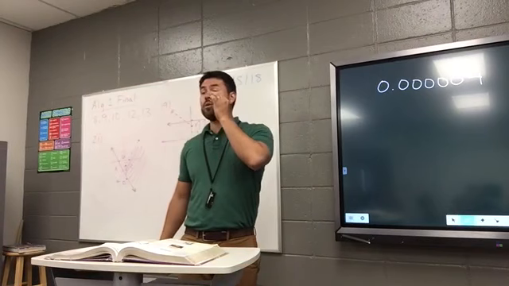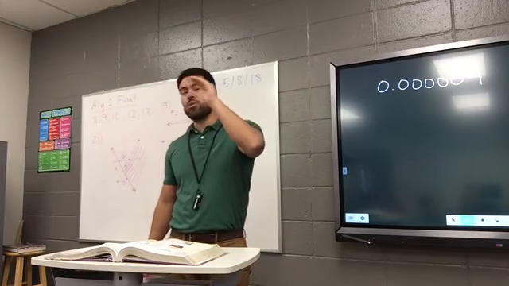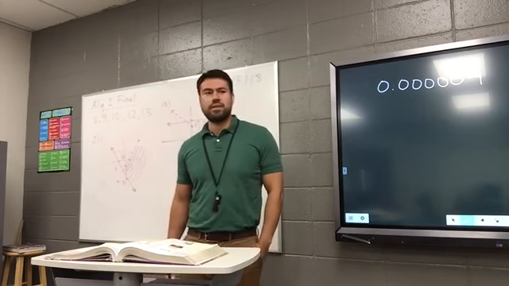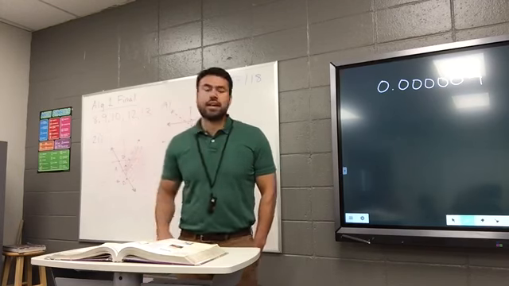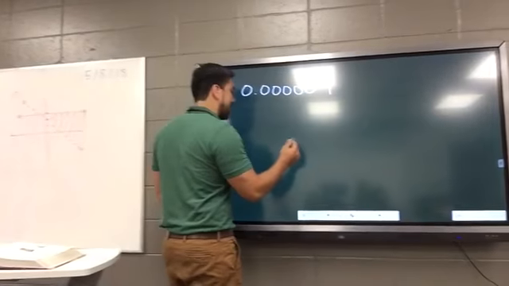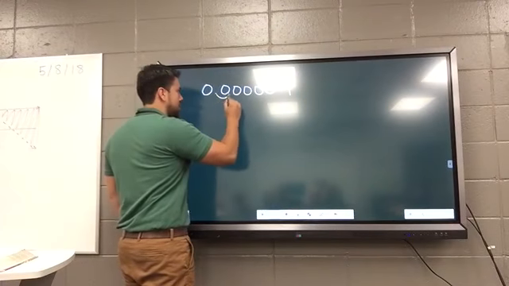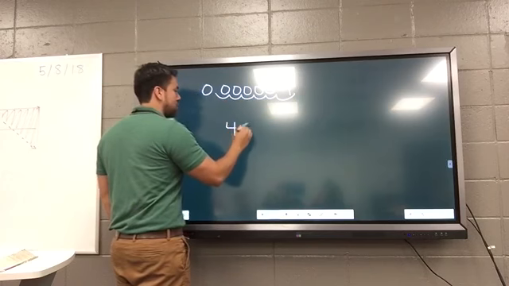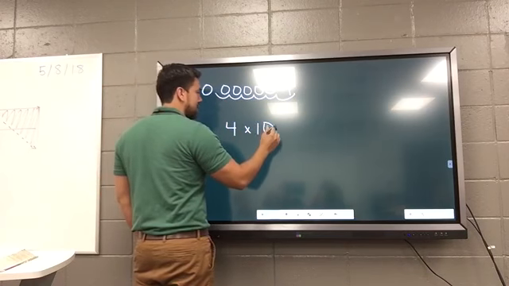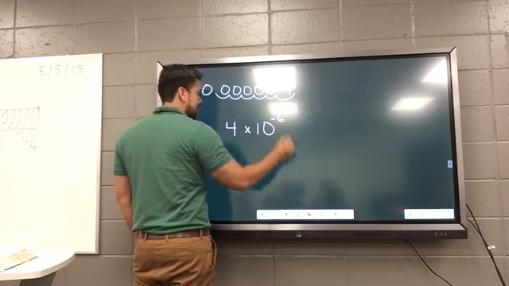Okay, is this number bigger than 1 or smaller than 1? Smaller than 1. That instantly tells me my exponent sign. Negative. Yes, it has to be negative. Good. 1, 2, 3, 4, 5, 6. So I got 4 times 10 to the negative 6th.